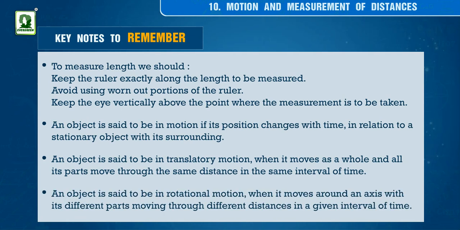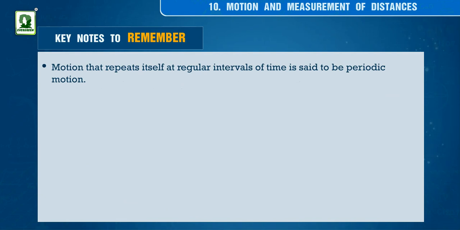An object is said to be in rotational motion when it moves around an axis with its different parts moving through different distances in a given interval of time. Motion that repeats itself at regular intervals of time is said to be periodic motion. An object can have more than one kind of motion.